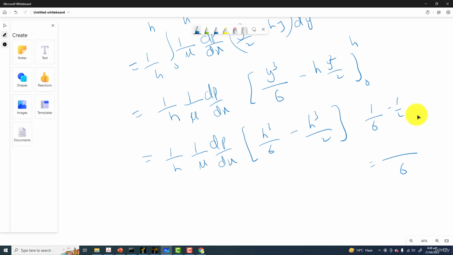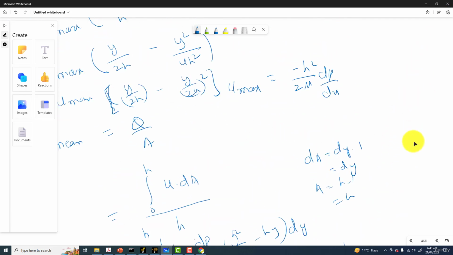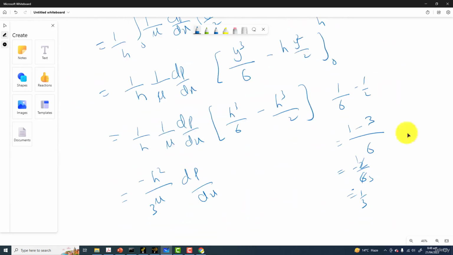So 6 is the LCM, so 1 minus 3 is minus 2 upon 6, which is minus 1 upon 3. So this is h power 3, so 1 h is here, this will be h square. So we have minus 1 upon 3, this will be minus h square upon 3 mu dp by dx. So we have u maximum is equal to minus h square upon 2 mu.